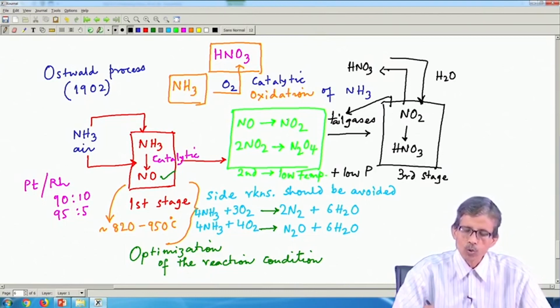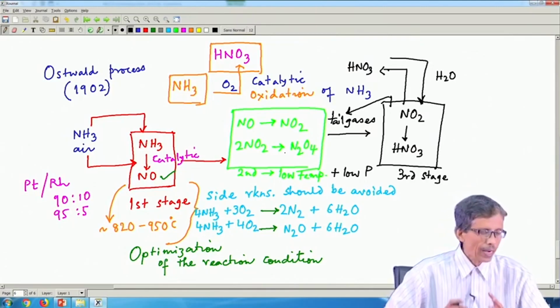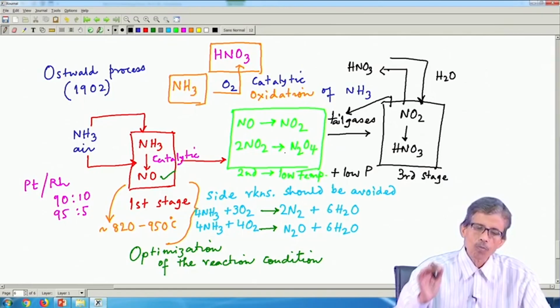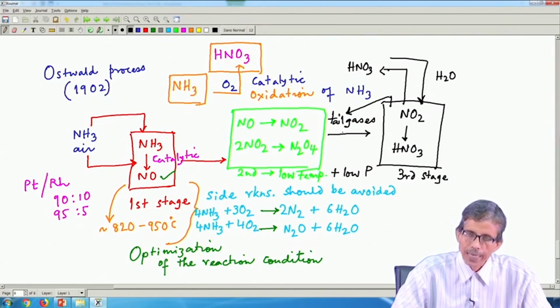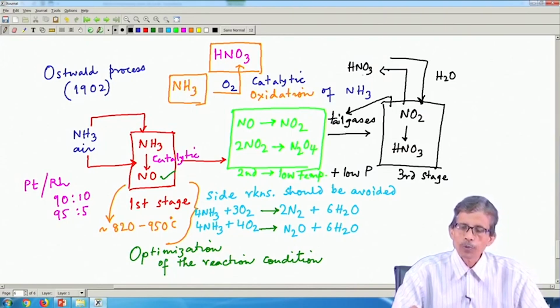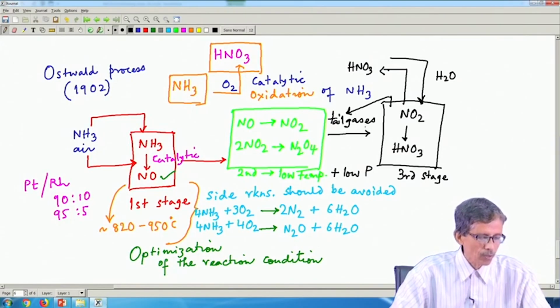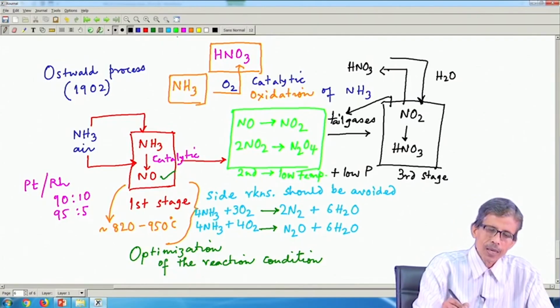So, NO, NO2 and N2O4, a mixture of all these gases can be there, and the formed nitric acid can be contaminated with tail gases. So, we have to purify this nitric acid from the tail gases. The purification process is therefore a very important step of these reactions.